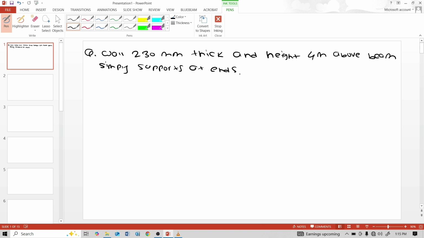Effective span is 4.6 meter. Density of brick is 20 kilonewton per meter cube.